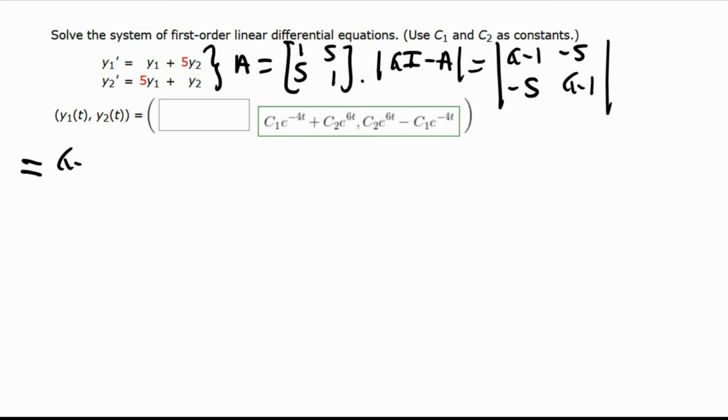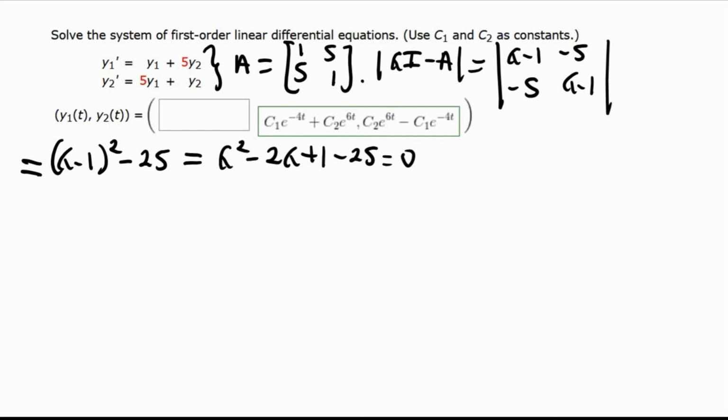and that gives us lambda minus 1 squared minus 25. And that's equal to lambda squared minus 2 lambda plus 1 minus 25 is equal to 0, because we set this characteristic equation equal to 0.